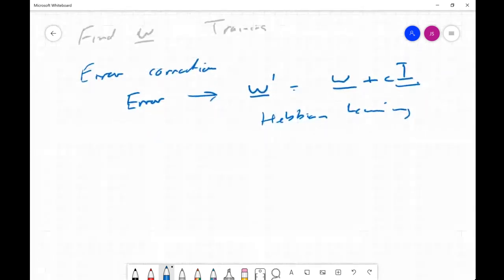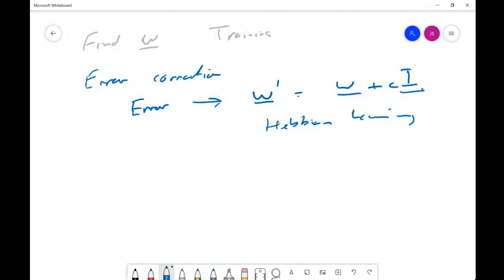Now, in the lectures, we calculated that an error occurs where W.I equals S, and S is the wrong sign, i.e. you're expecting a positive response and S is negative, or you're expecting a negative response and S is positive.